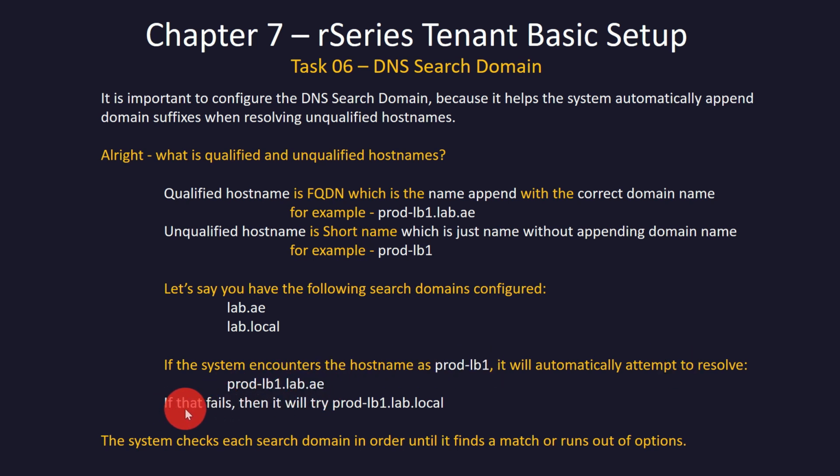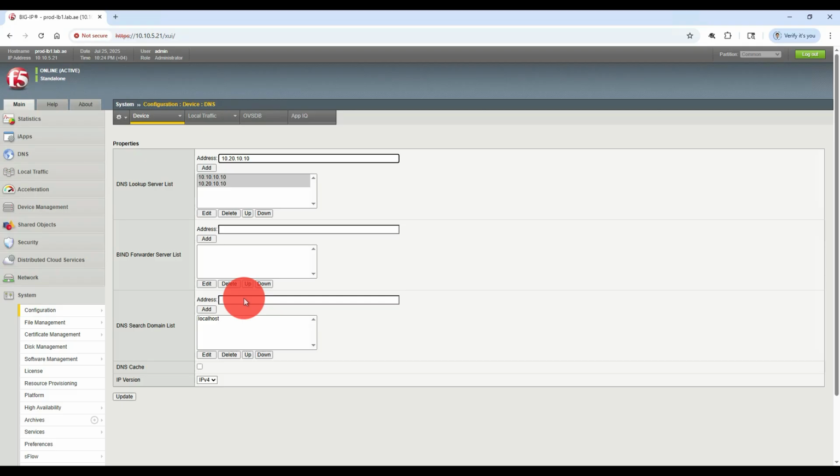If that fails, then it will try to resolve prodlb1.lab.local. This process continues in order until it finds a match or runs out of options. In our lab, we set one search domain, which is lab.ae.